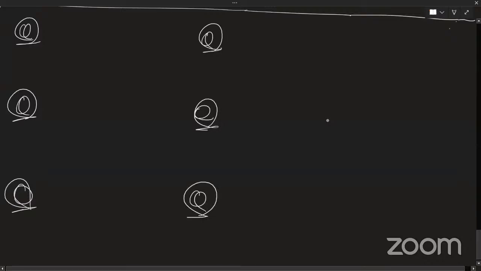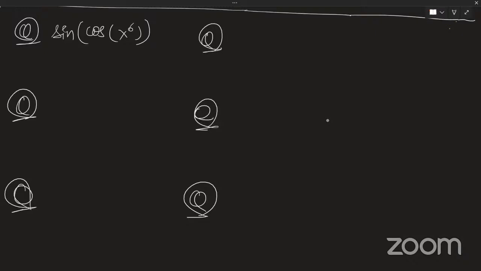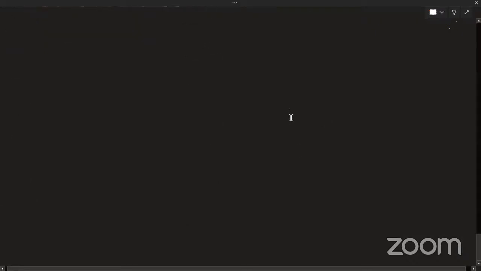I know that. Multiplication and those were very, very easy. So sine of cos of x raised to 6. Sorry? Sir, can you explain the previous problem again? Sure, I will.